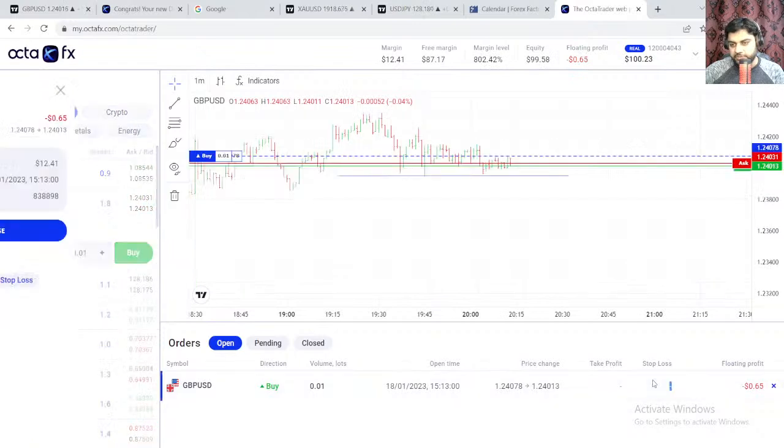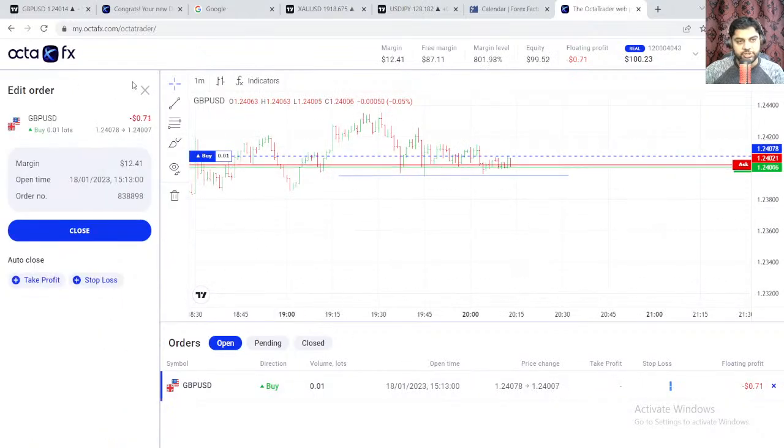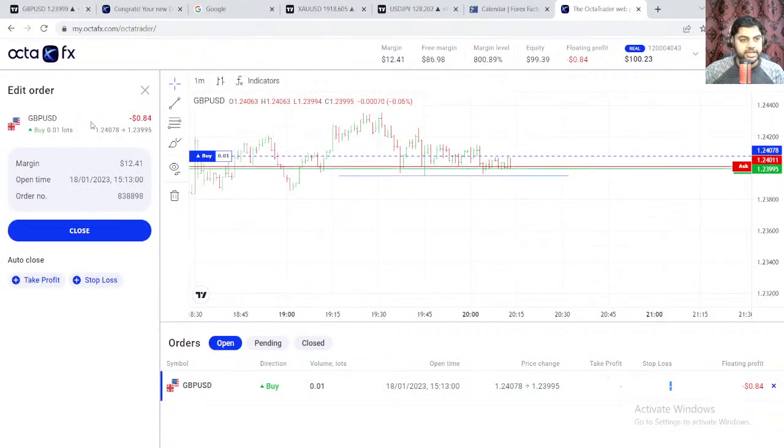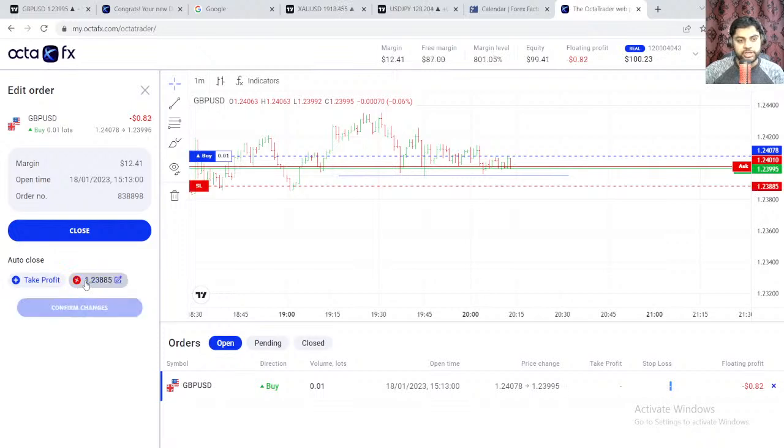I will also put a stop loss. So how do you put a stop loss? First go to, let me show you this. Just go to stop loss over here, okay? And there you have it. You can also close if you like. If you want to put a stop loss, you can put a stop loss. You can also put a take profit.